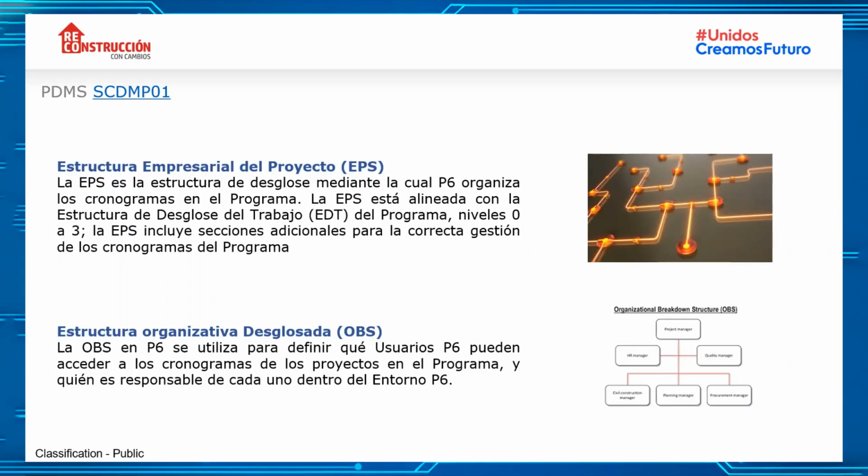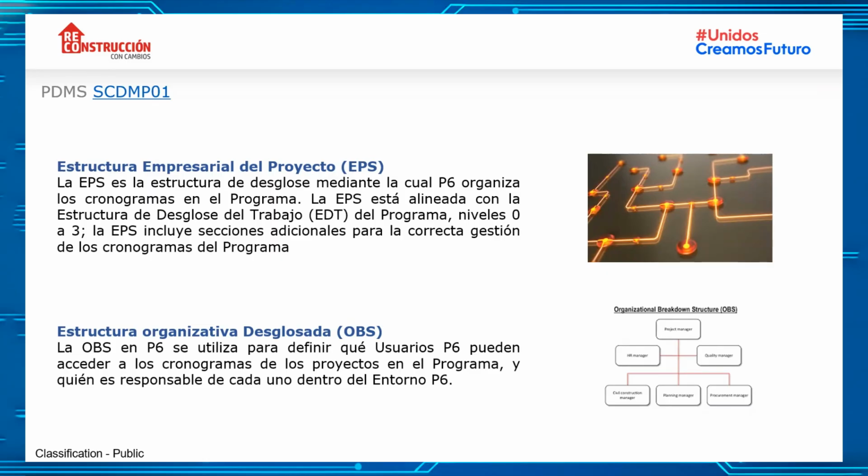We have a business structure of projects. This is the EPS, the breakdown where P6 organizes the scopes in the program, and the WBS, works breakdown, that is EDT of the program, or known as the BWBS, that has a level from 0 to 3, and the EPS includes additional sections with the right management of the program schedules.